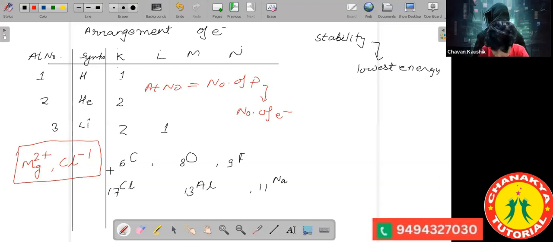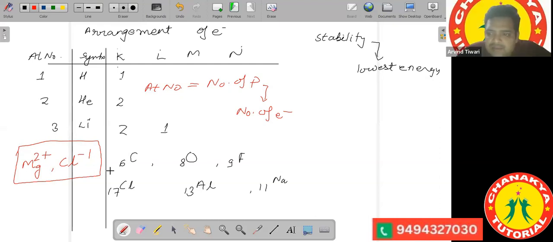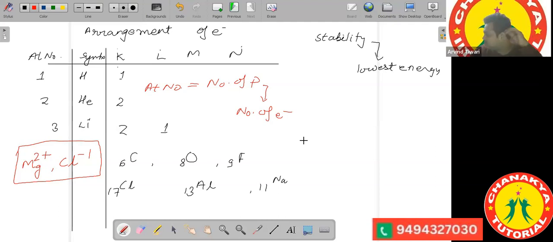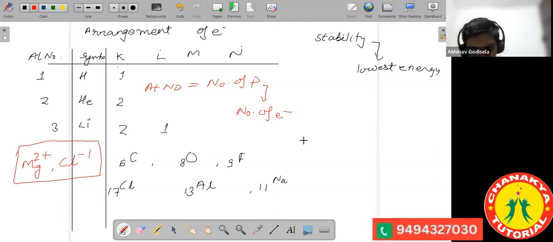Orosmith, Neha, and Rikshit, you are not providing any answers. Siddhisri, you are also not giving any answer. Sir, even I'm not able to get the answers.